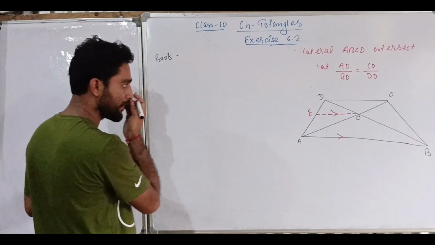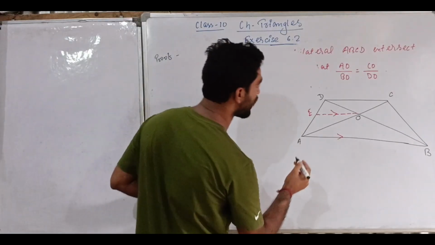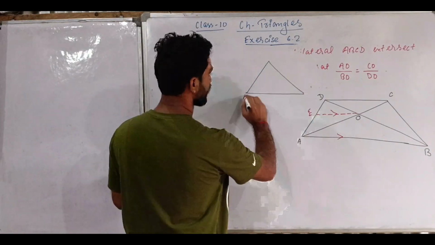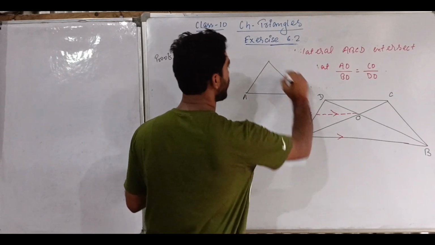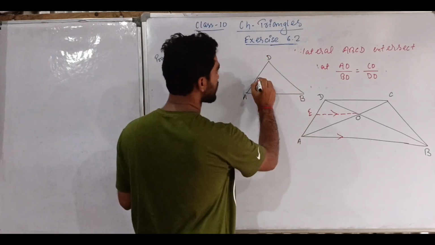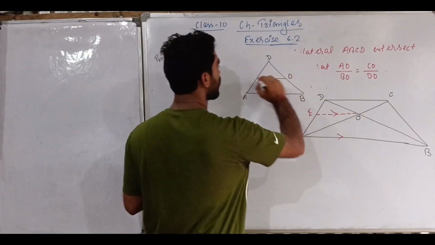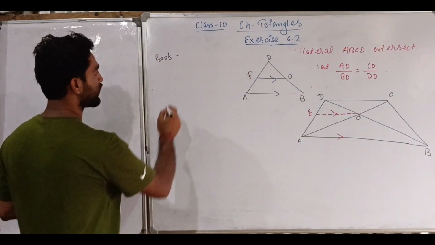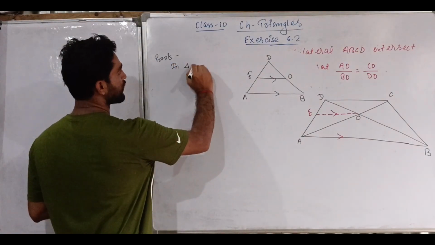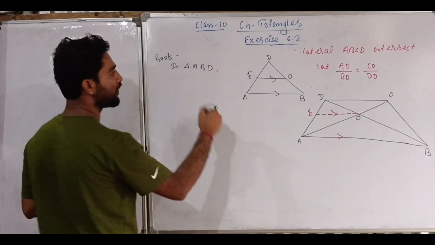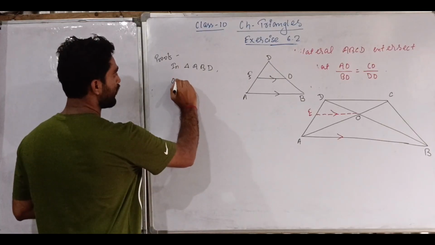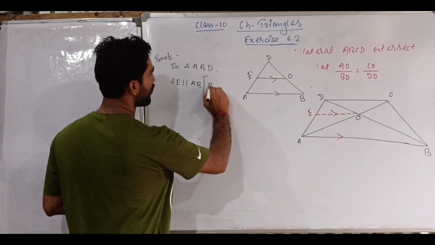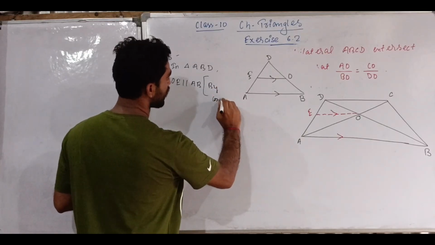So proof. Now here I will consider one triangle, that is triangle ABD. And in this triangle, just now we did the construction. This OE is parallel to AB. So in triangle ABD, OE is parallel to AB, by construction.